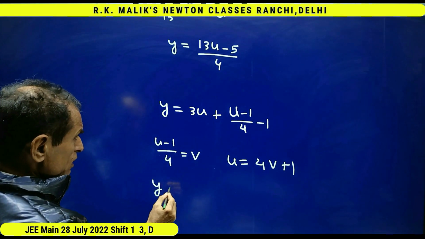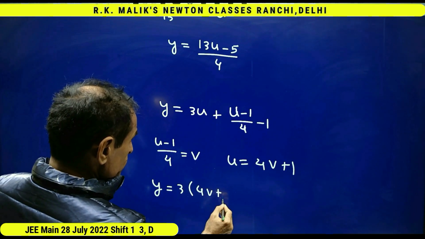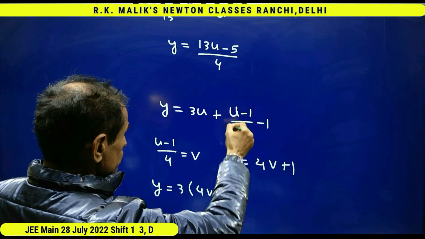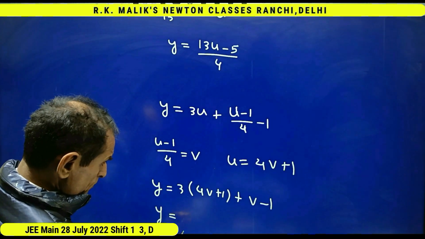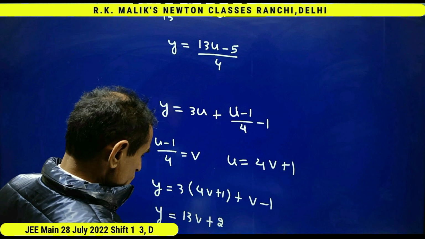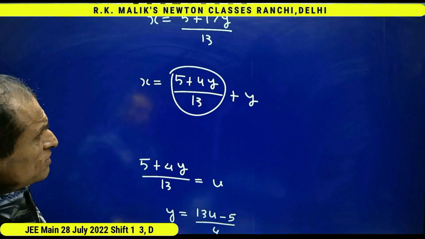You will be getting y equal to 3 into (4v plus 1) plus v minus 1, hence we have got 13v plus 2. And now put this value of y in this equation.